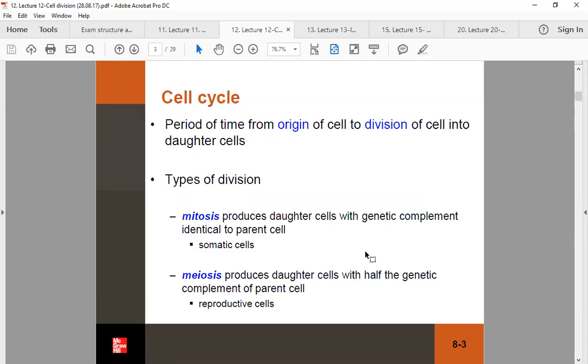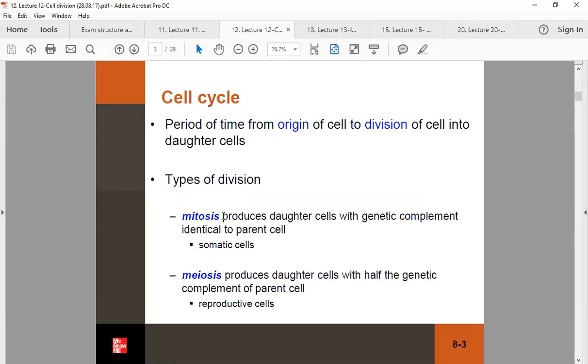What about the types of cells that undergo mitosis versus the types of cells that undergo meiosis? So major differences between these two. Perfect. Somatic cells.